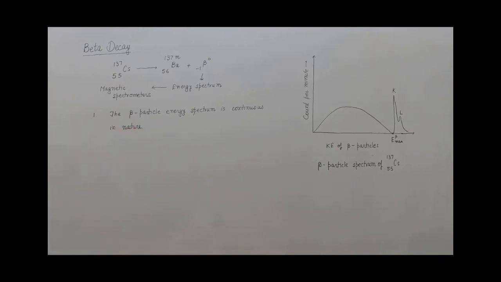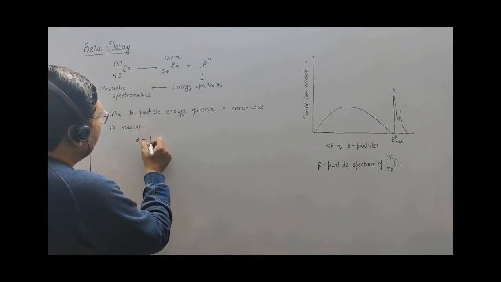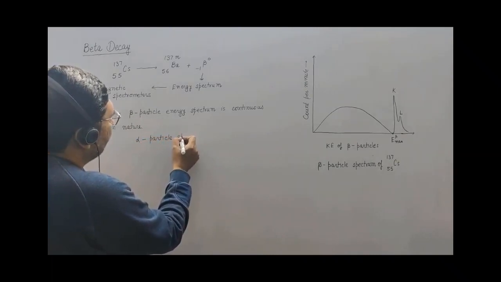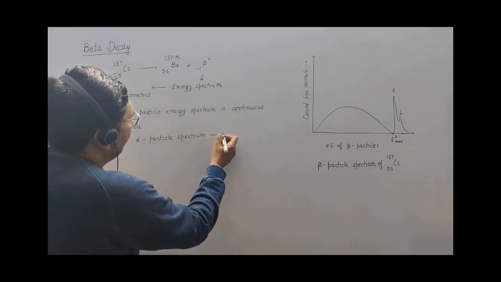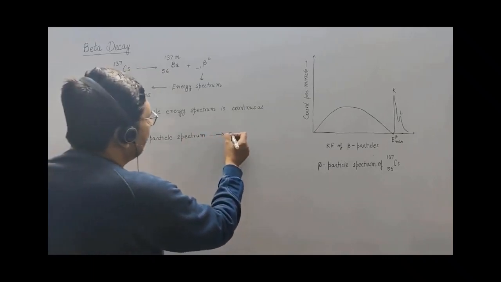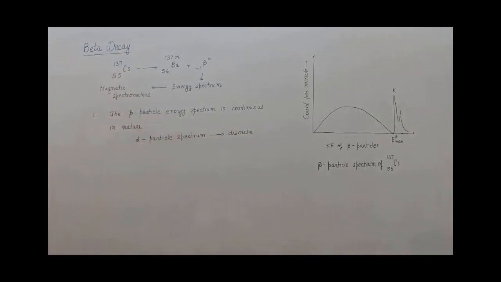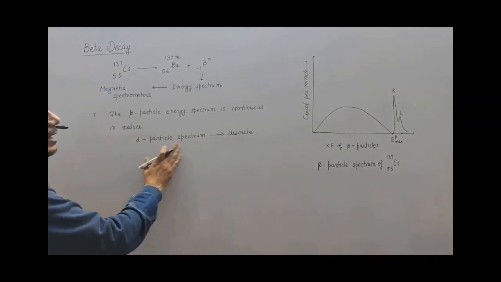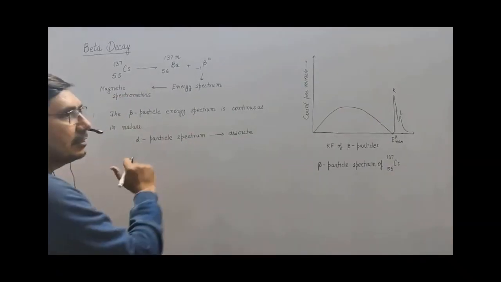In the case of the alpha particle energy spectrum, we observed that the spectrum was discrete. So the beta particle spectrum is continuous, while the alpha particle spectrum, which we discussed earlier, was discrete in nature.